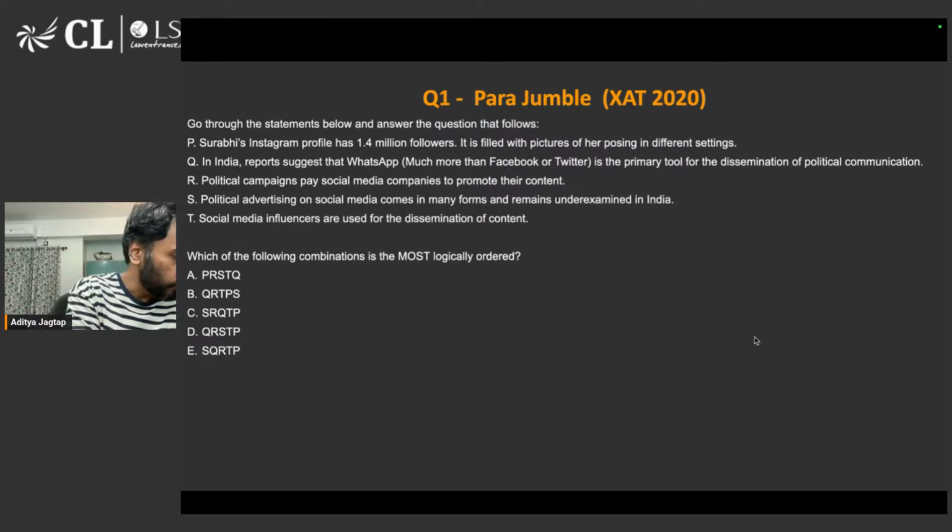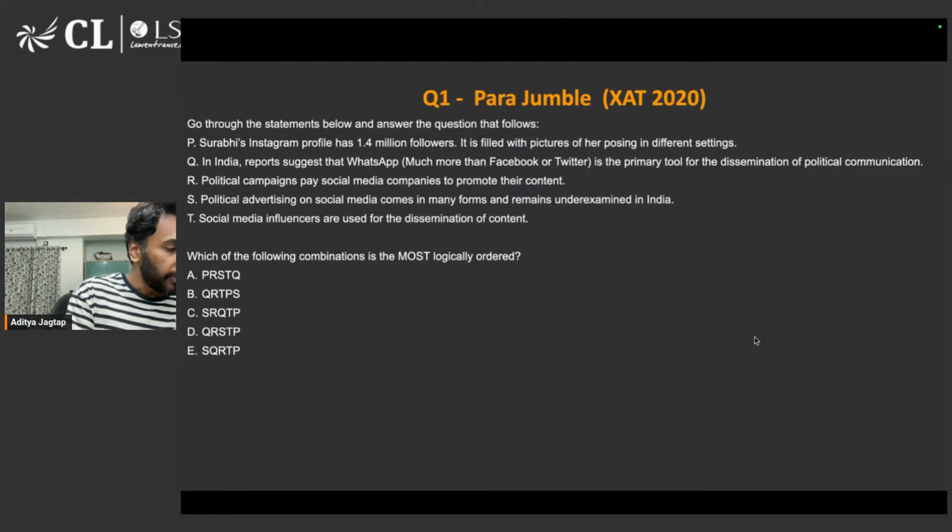Here, this Surbhi line is an example, right? It's an example of whatever is being said in sentence T, which is social media influencers are used. For example, Surbhi's Instagram profile, etc. It's such an easy pair to make that TP as a pair is present in four options, right?